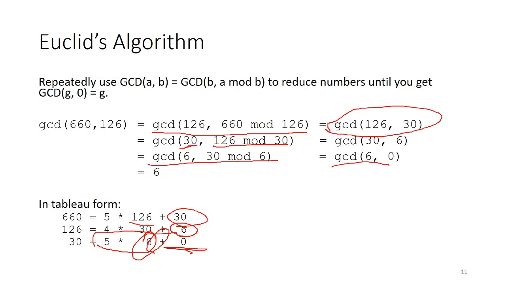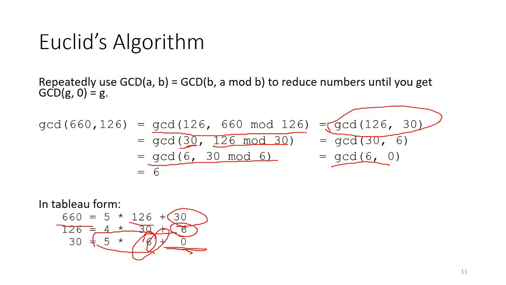Now 660 becomes 30 if we keep applying the same conversion. We will get GCD of 6 and 0. That means the GCD is 6. We can simply write this down in tabular form over here.